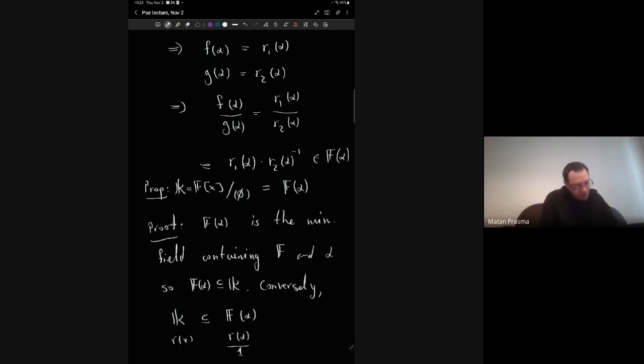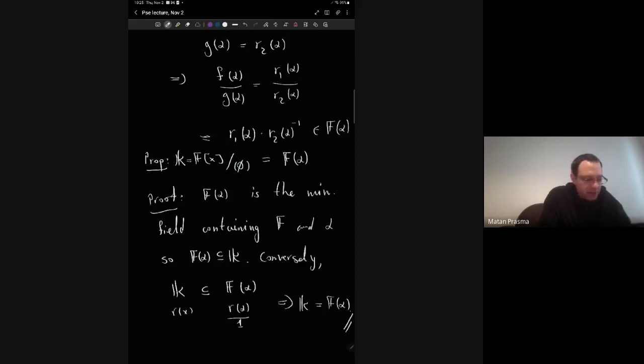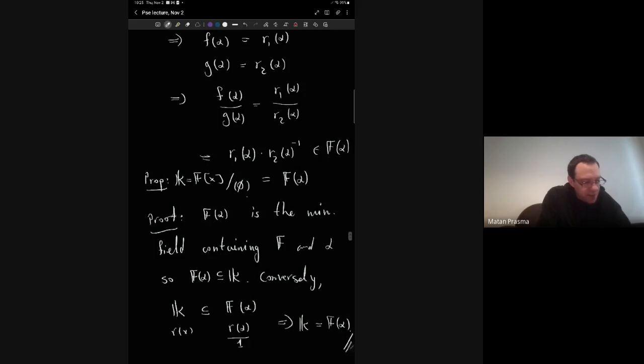So there is a double inclusion. We get K equals f of alpha. Is this point clear? This gives us a very nice characterization of what it means to divide by a prime polynomial.